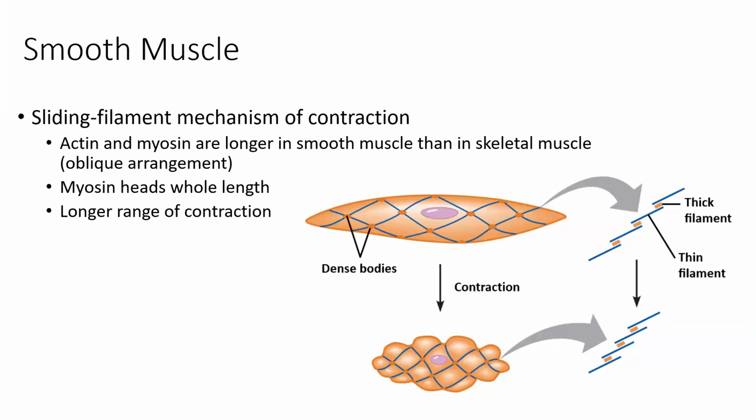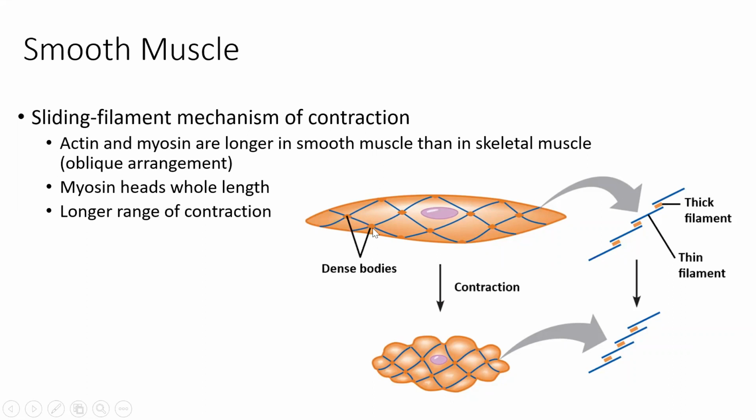And because these filaments are longer and are arranged in an elongated oblique manner, the range of contraction is also longer. So because the sliding has a long range to occur across, the time it takes for this contraction to complete is also going to be longer. So longer filaments cause those longer contractions.